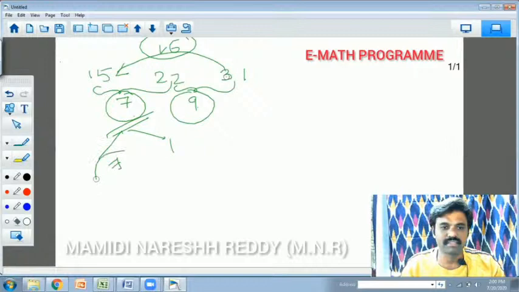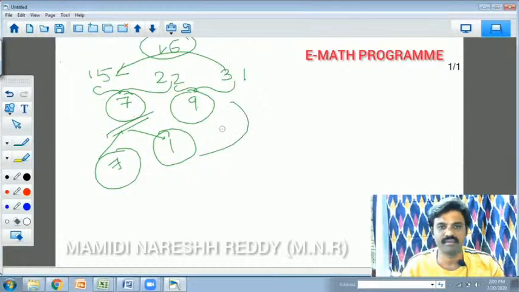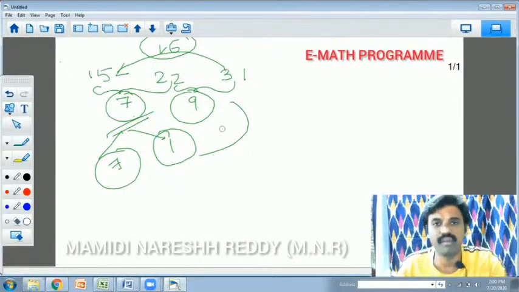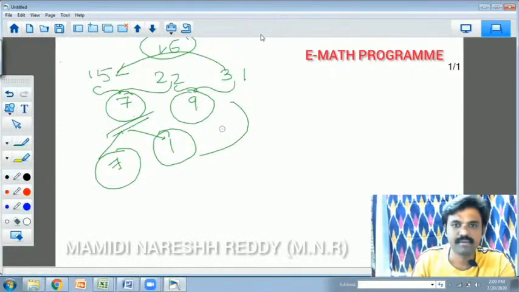So as 7 is not a factor of any of these numbers, 1 is considered the GCD of 15, 22, and 31. Simple. We only need to find the differences of 22 and 15 and of 31 and 22. In a very simple way, we can find this GCD. So like this, it can be applied for 4-digit numbers also. Let us see one more problem.